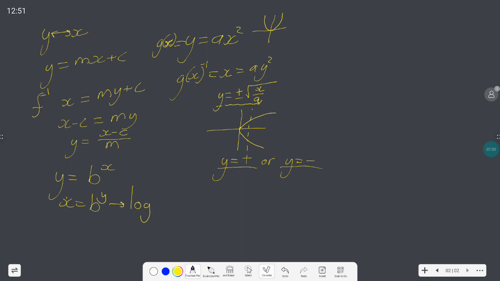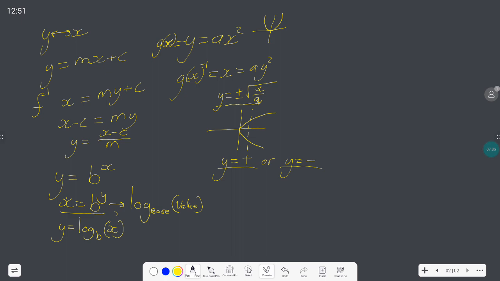My logarithm will be my base, and on this side I will have my value. So in this case, if I was to change this to a logarithmic function, it will become y equals log of b of x.